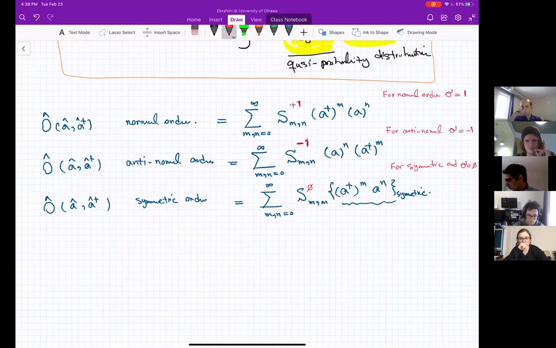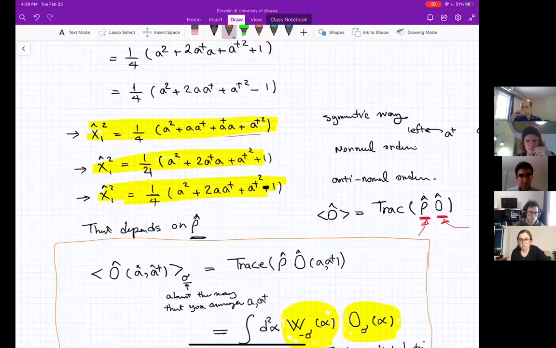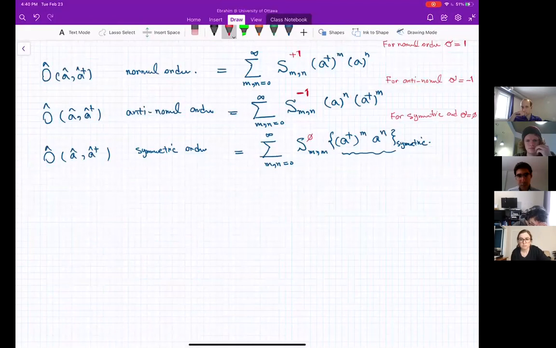Do we write this symmetric as just A dagger to the M, A to the N plus A to the N, A dagger to the M? Symmetric means like that. Yeah. And just in the summation, would it be sufficient to just flip them and have two terms?